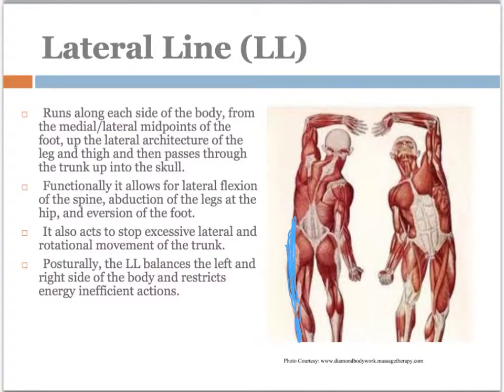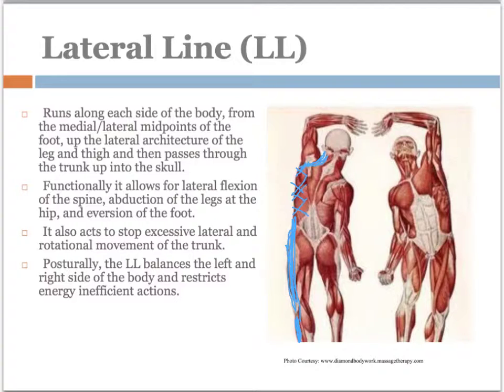Now at the rib cage, the lateral line actually starts a series of kind of crisscrossing patterns, almost like shoelaces that are sewing the front and the back of the body together via the sides. From there, it comes underneath the shoulder and up towards the skull and ends up kind of around the ear area.